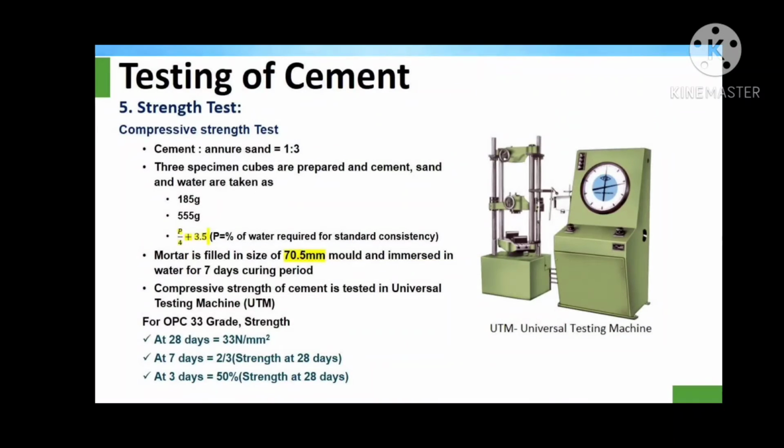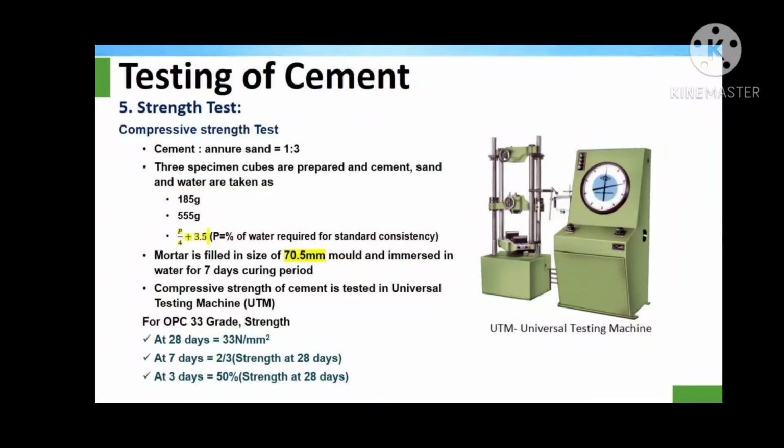Compressive strength test. Cement to sand proportion is 1 to 3. 3 specimen cubes are prepared, and cement, sand and water are taken as 185 gram, 555 gram, and P/4 + 3.0 percent of water, where P is the percentage of water required for standard consistency.